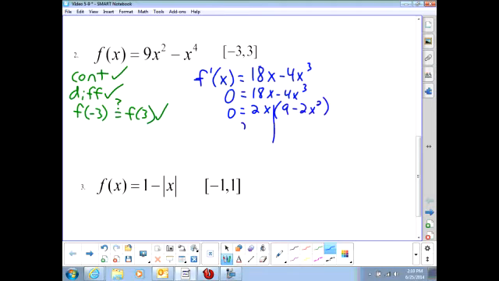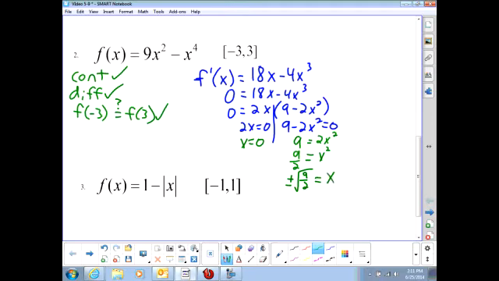We'll set both parts equal to 0. On the left, we'll just get x equals 0. On the right, we'll add the 2x squared over, giving us x squared equals 9 halves. And when we take the square root, we'll have positive and negative square root of 9 halves equal to x.